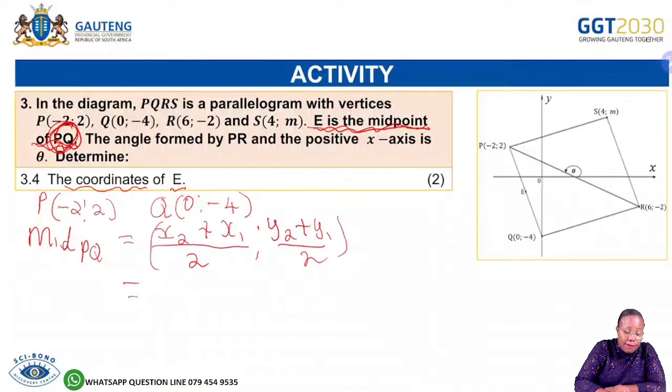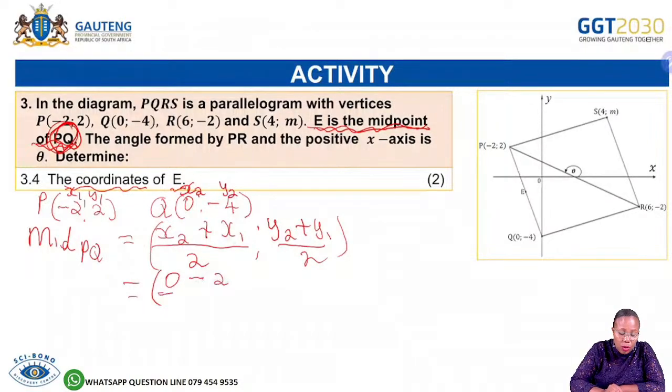And then now we have x1, y1, and x2, y2. Substitute into the correct formula: x2 is 0 plus x1, so it will be plus minus 2, therefore it will be -2 over 2. And then y2 is -4 plus y1, plus 2, over 2.